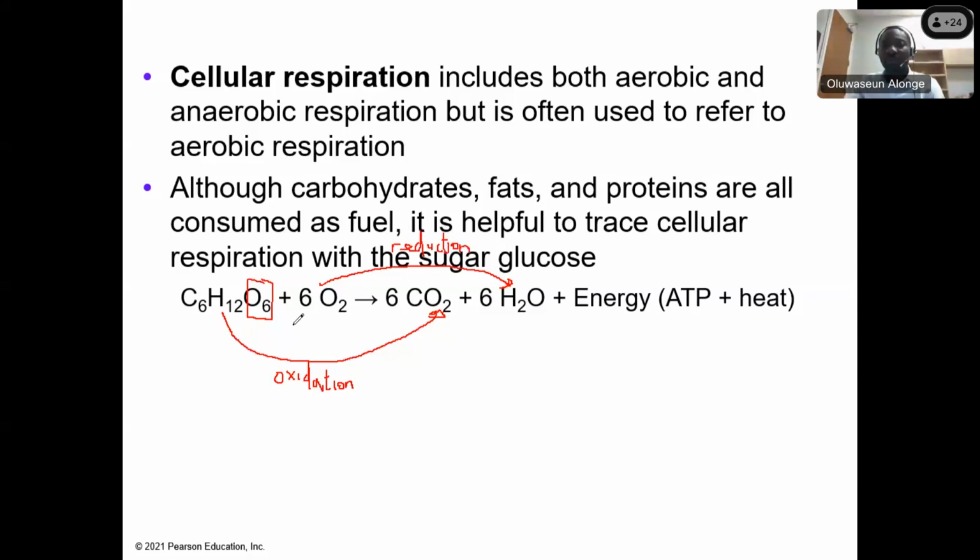So if you look at this, reduction in terms of hydrogen is the addition of hydrogen, and oxidation is removal of hydrogen. Here we have 12 hydrogen. But by the time we have gotten to this side, hydrogen has been totally lost. So has this been oxidized or reduced?